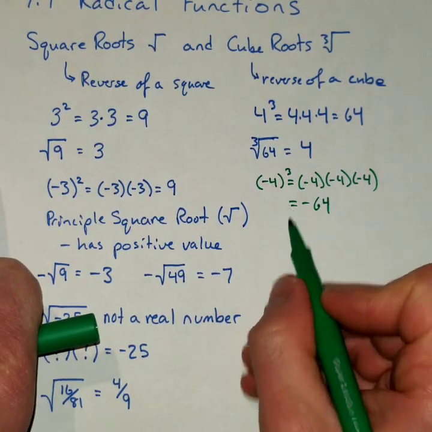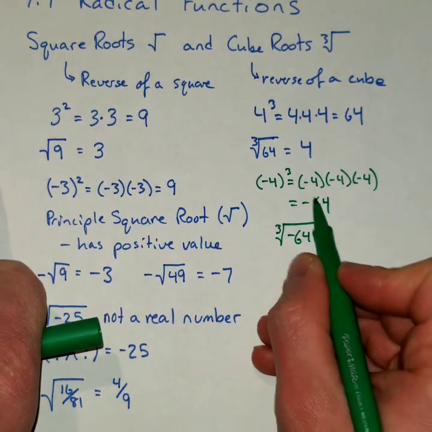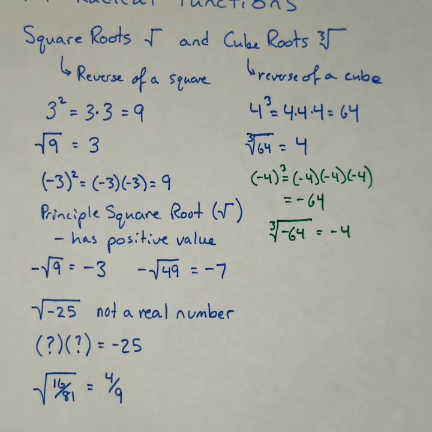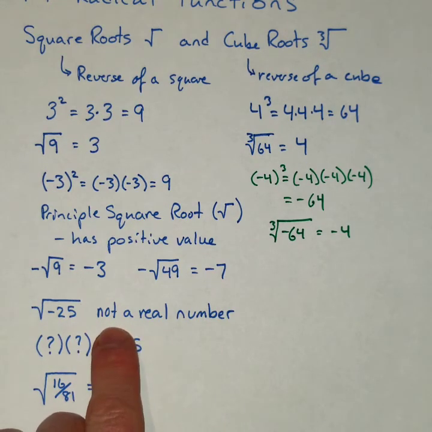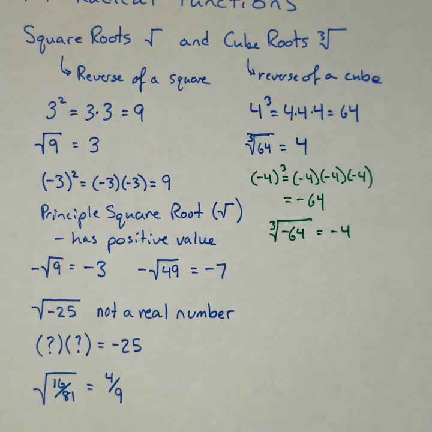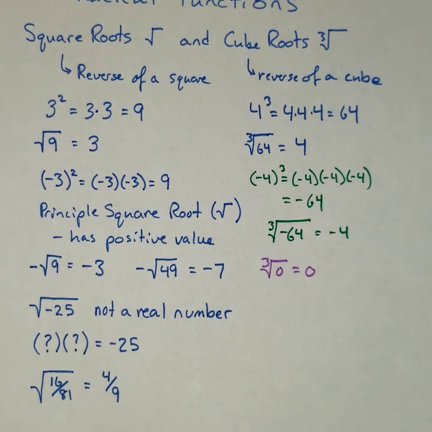And so with cube roots, you can do a cube root of a negative and just get the negative value back out. So cube roots are a little bit nicer when it comes to negatives. We don't have this weird situation where you have no real number. Everything works for a cube root. Okay, positives and negatives. And of course, 0 also works, right? So the cube root of 0 is 0, just like the square root of 0 is 0. And that shouldn't be a problem.